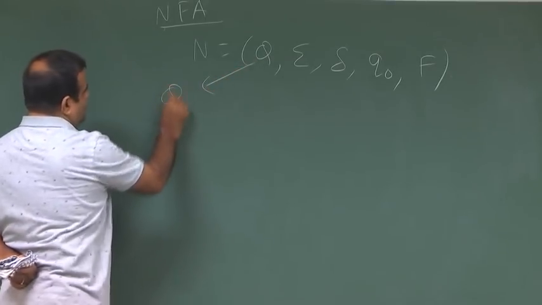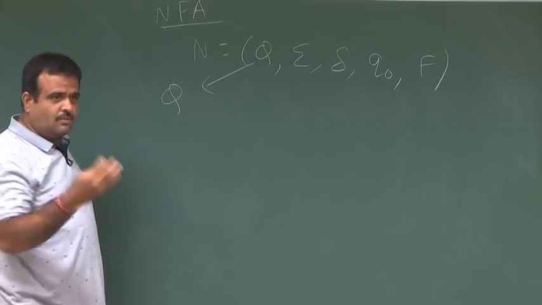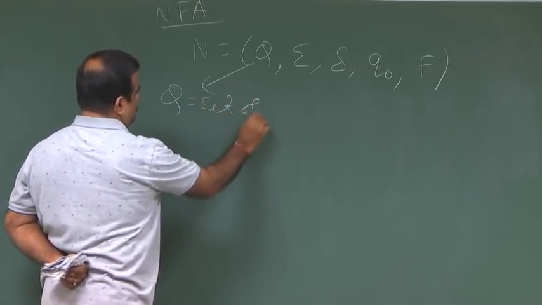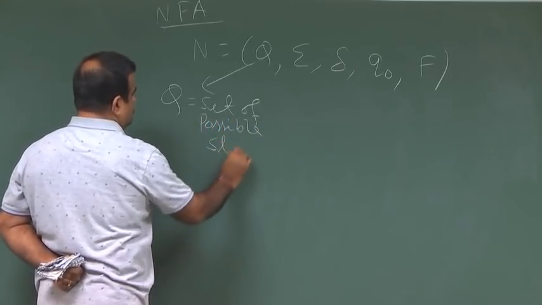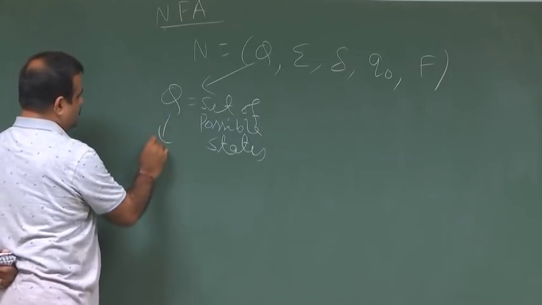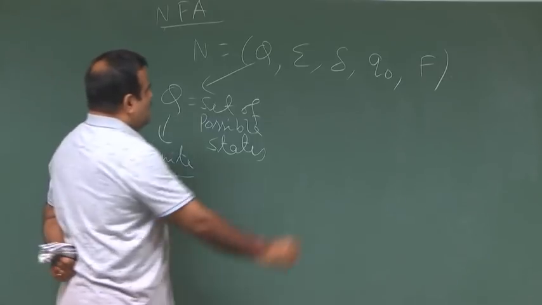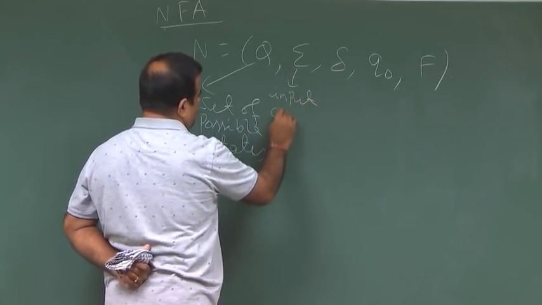Now, Q is the same: the set of all possible states, which is finite. And this is the input alphabet, which is also finite.